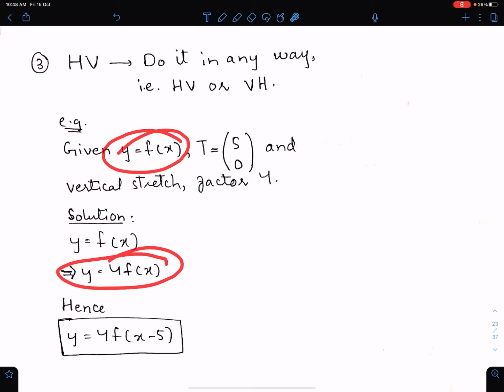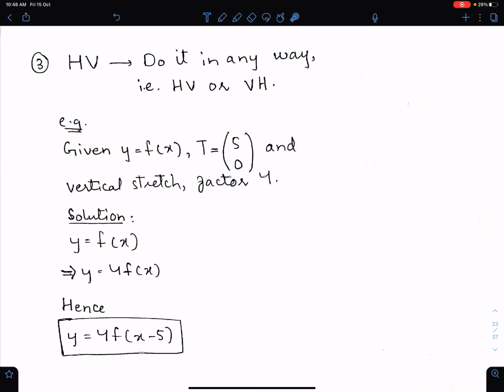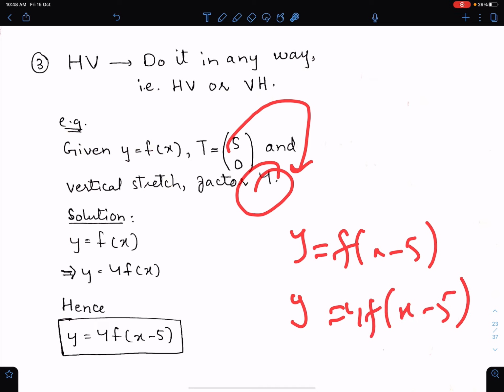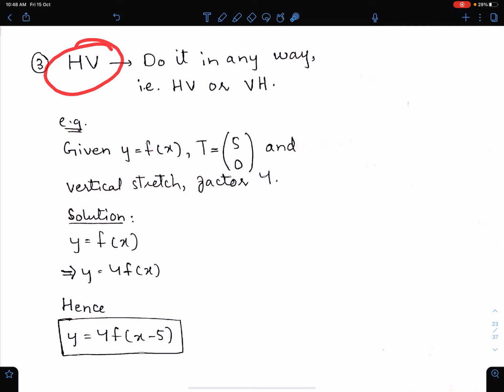So y is equal to 4 times f of x, and then I'm applying this translation here. You can do this the other way. You can first apply this. When you apply this first, you'll get x minus 5, and then when you apply this, you'll get the same equation. See, both equations are the same. So when we have HV, we can do this in either way.